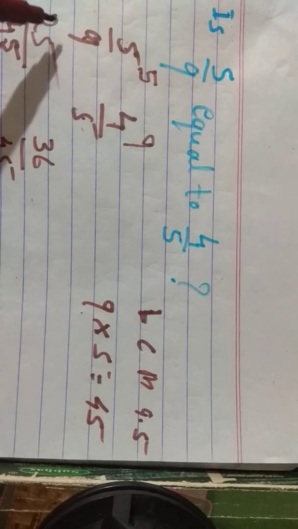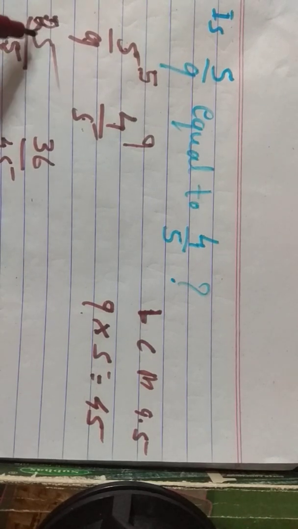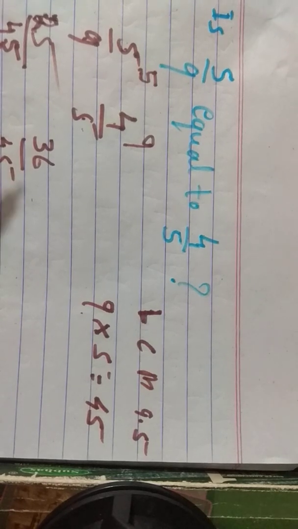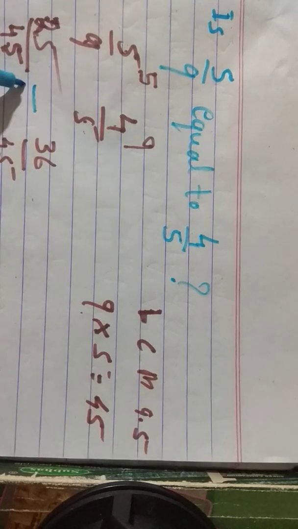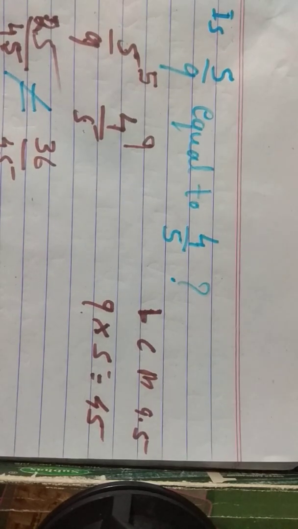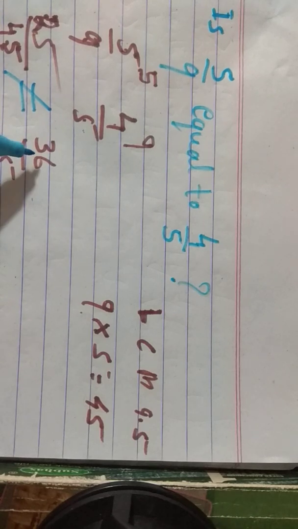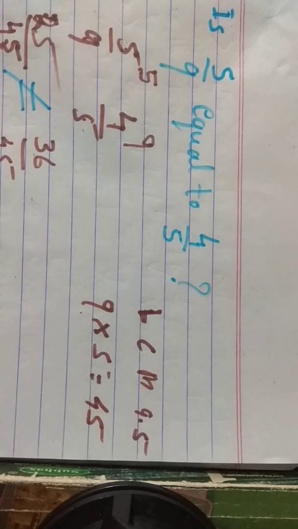We can easily decide which one is smaller, and 25 by 45 is smaller than 36 by 45. So let us write these are not equal because 25 upon 45 is smaller than 36 by 45.